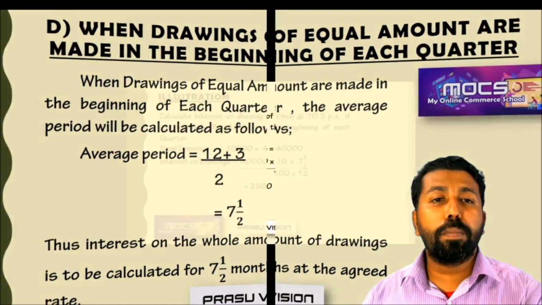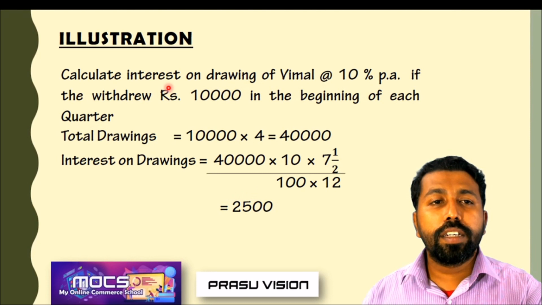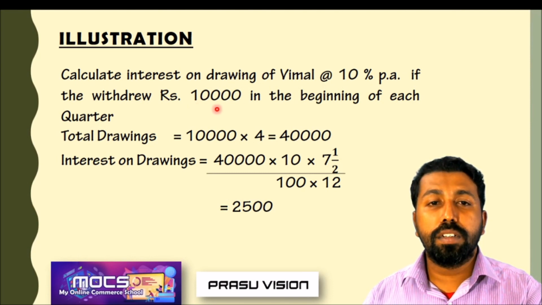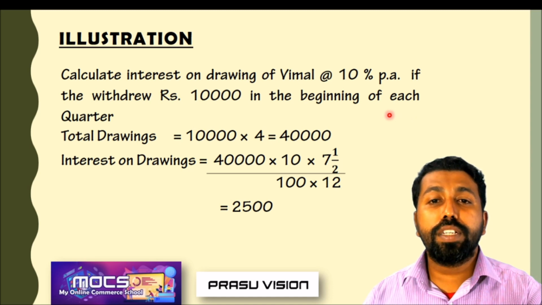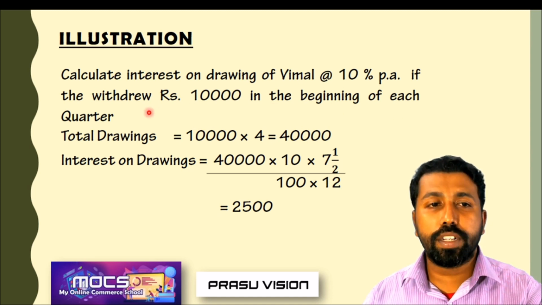Remember the value 7.5. Have a look at this problem. Here, Vimal is withdrawing an amount of rupees 10,000 per quarter, and 10% is the interest rate. How to calculate the amount of interest on drawings if it is withdrawn in the beginning of each quarter?